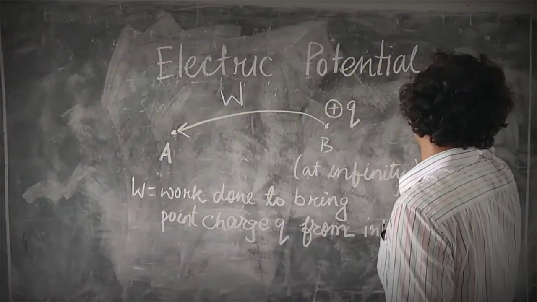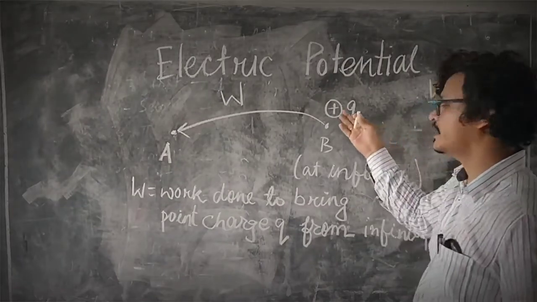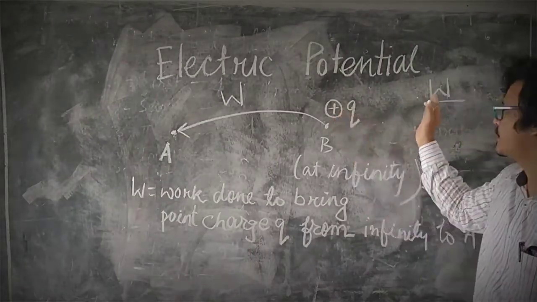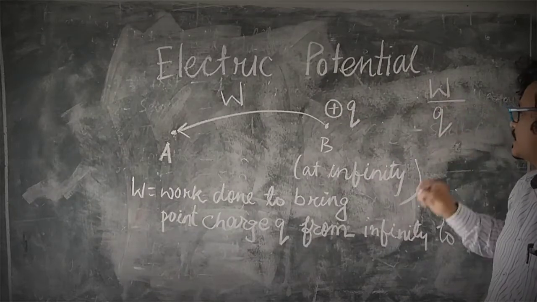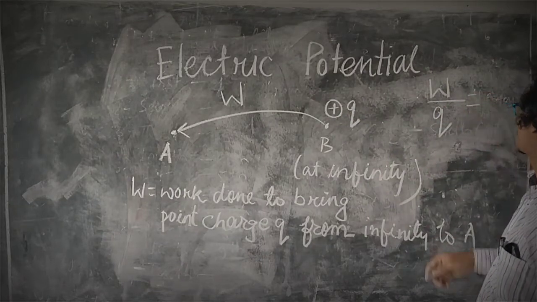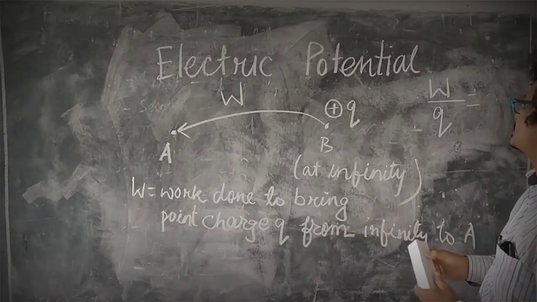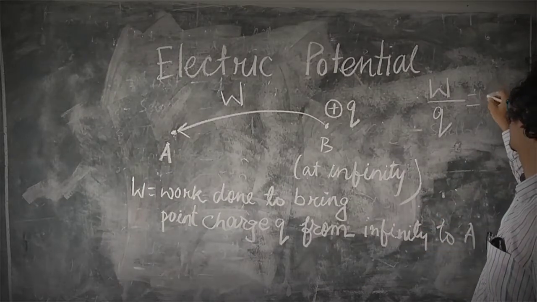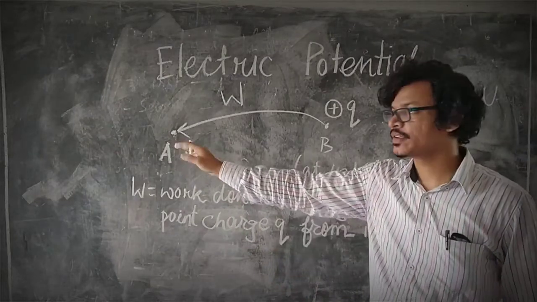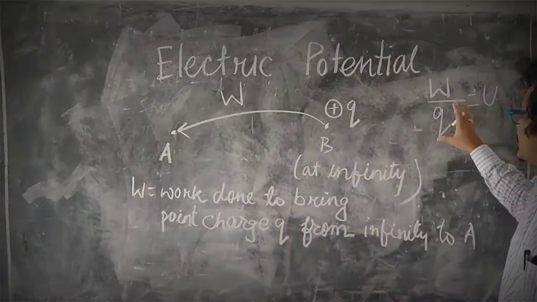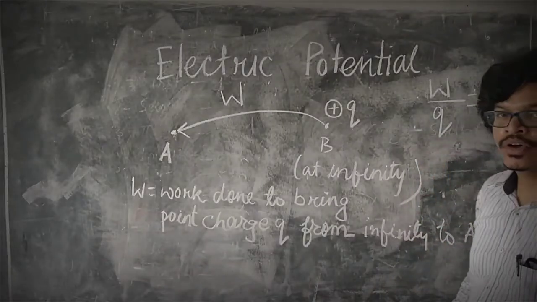Now if we divide this work done by the charge, then we will get some quantity that is called electric potential. This is electric potential at A. So how have we defined it?